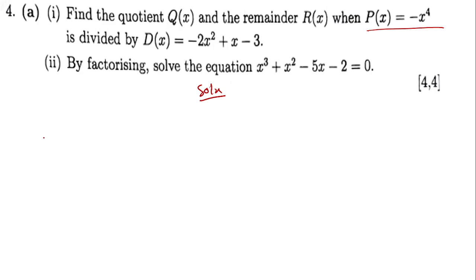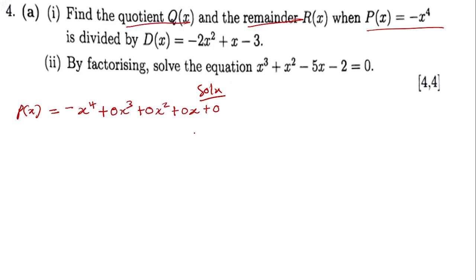So you can add them to be plus 0x cubed, and then you again add plus 0x squared, and then you add plus 0x, and then you say plus 0, so that you make it more unique. Remember, you have been asked to find the remainder and also the quotient. So in this particular one, you can't use synthetic division, so you are going to use the long division method. So let's quickly utilize the long division method.